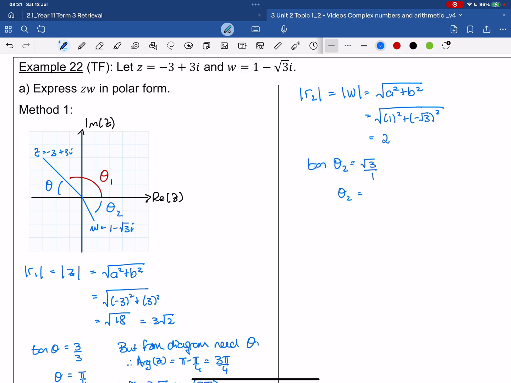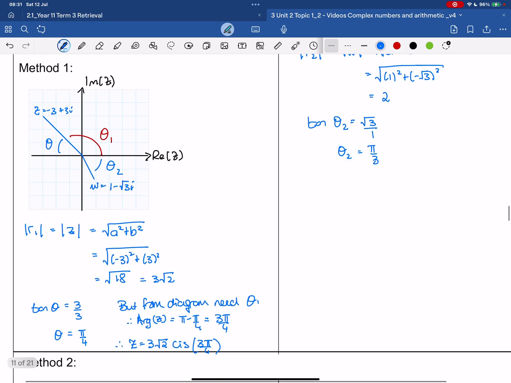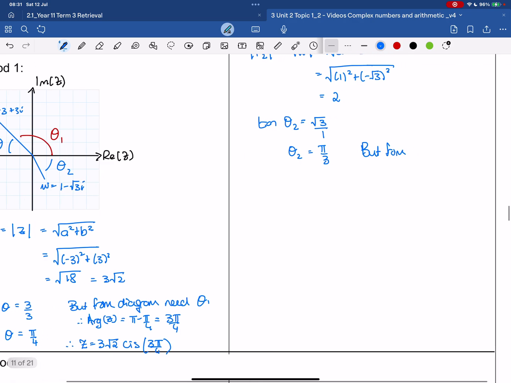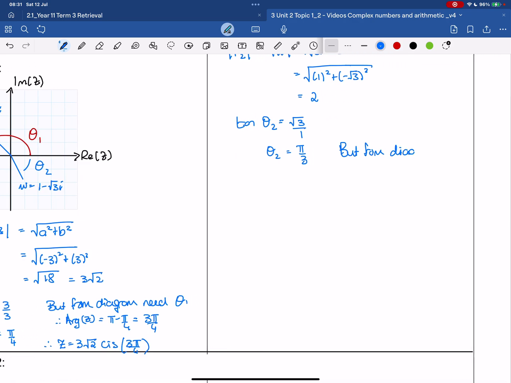So theta 2 will be pi on 3. But from my diagram, my argument of W is going to be negative pi on 3. So therefore W is going to be 2 cis of negative pi on 3.